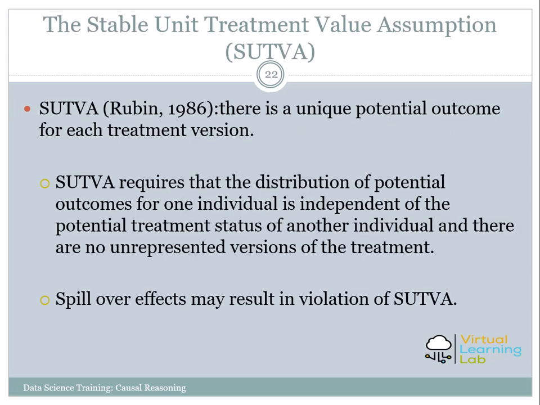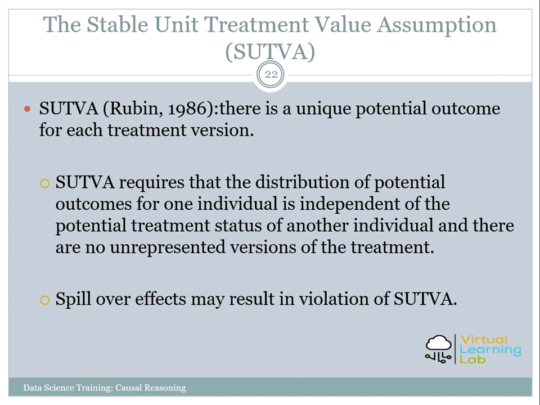The stable unit treatment value assumption, or SUTVA, requires that there is a unique potential outcome for each treatment version. More concretely, it requires that the distribution of potential outcomes for one individual is independent of the potential treatment status of another individual.